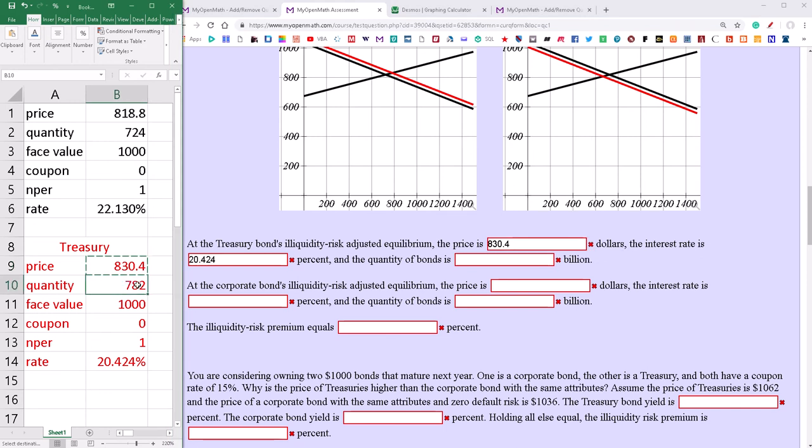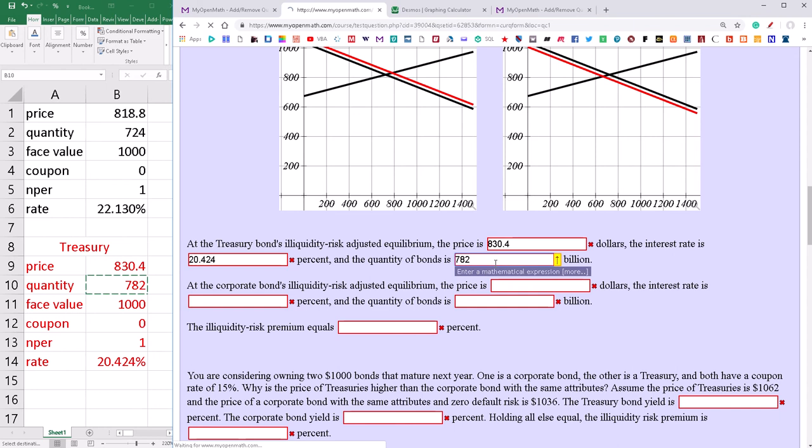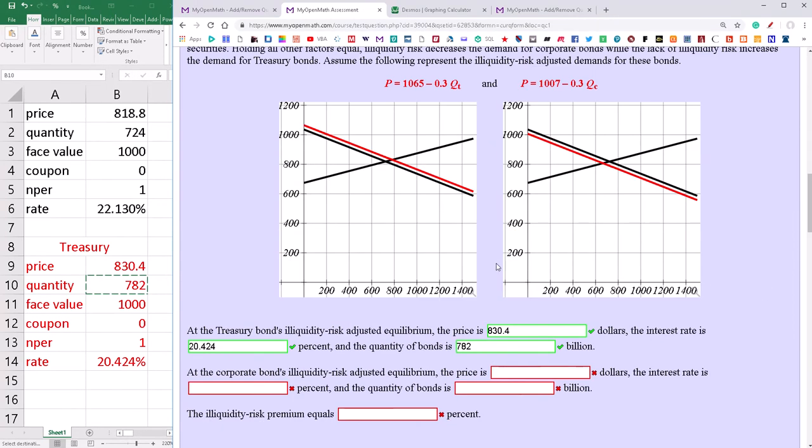And it's much better to liquidate an asset that's got a lot of buyers than an asset that's got fewer buyers. And the quantity of bonds is 782. Okay, and we'll go ahead and hit enter to see if we got them right. Yep.